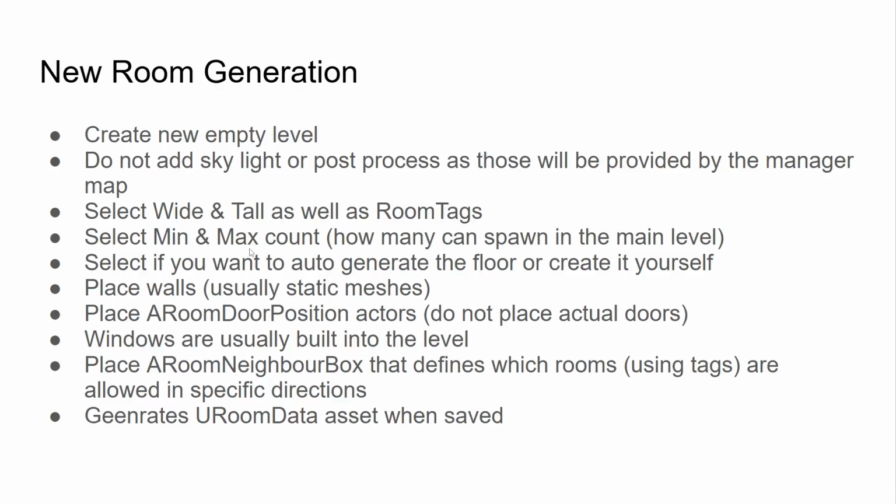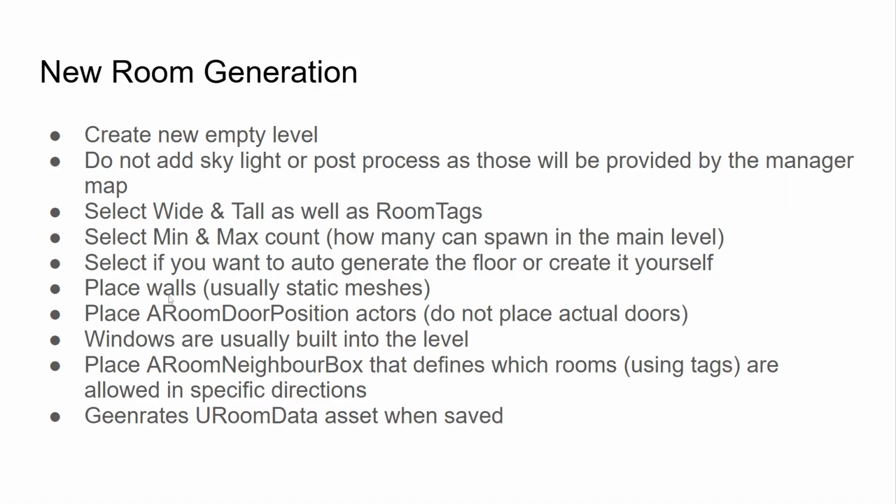Min max count. So how many can spawn in the main level? Kitchen, for example, has min and max count both as 1. So min means that there must be at least one kitchen in the level, and max count means there can only be one kitchen in the whole level. So this is what is meant.